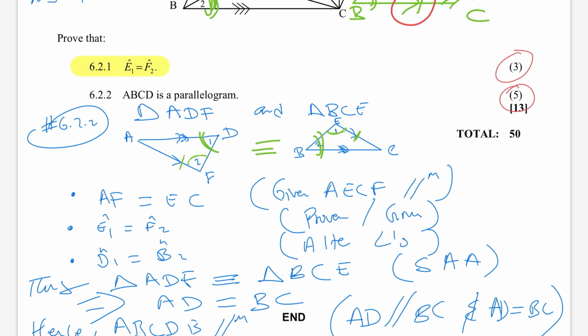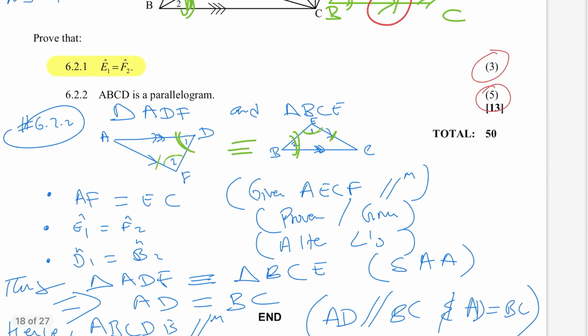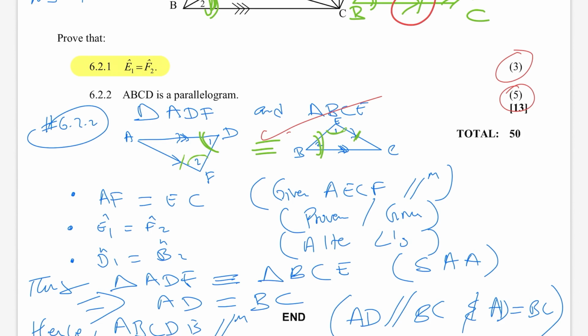Of course, you get a mark for identifying the right triangles to prove, a mark for this, a mark for that, 1, 2, 3, 4, and a mark for this. This is how you get your 5 marks.